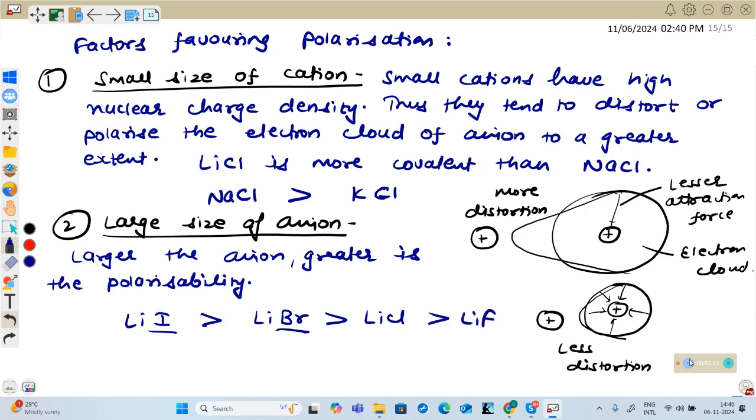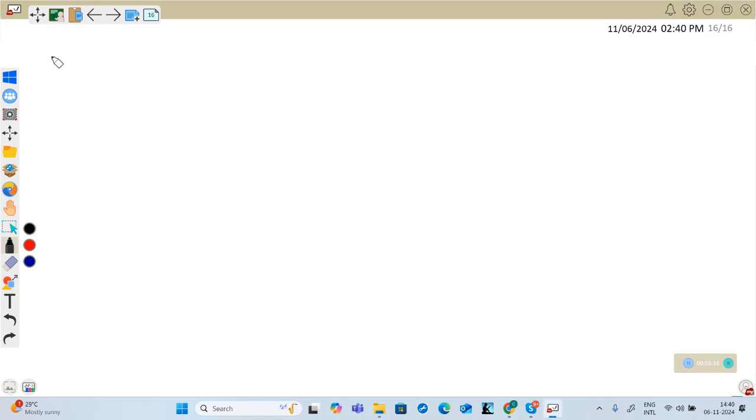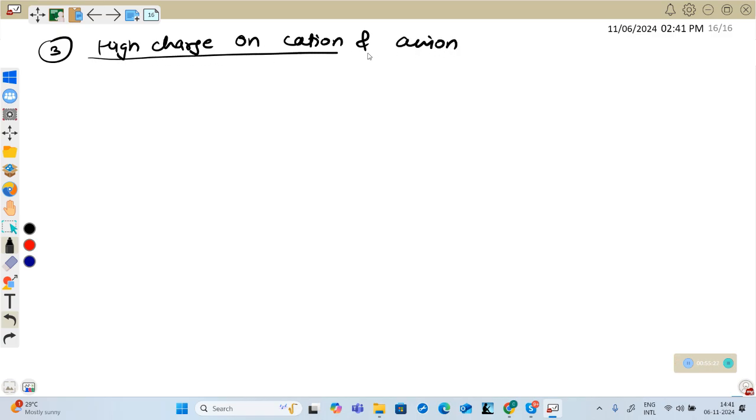Third is high charge on cation and anion. See, more the charge on the anion, bigger is its size. We have done it in the periodic classification chapter, right? More the charge on cation, smaller is the size. If I remove 2 electrons for isoelectronic species, if you remember the order was so.